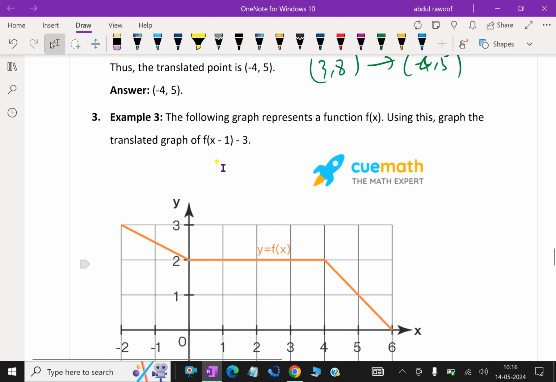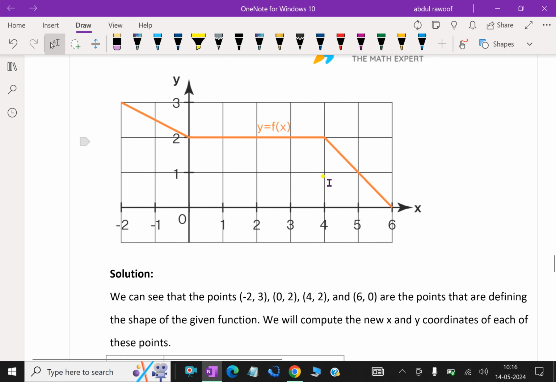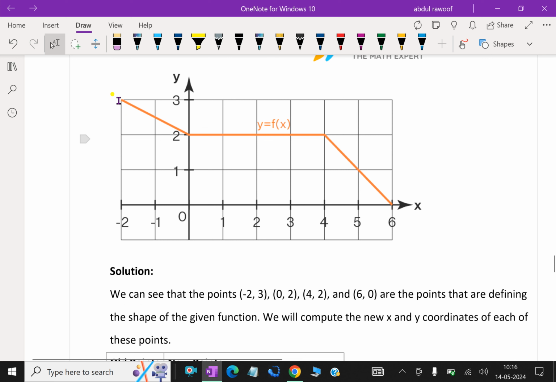Question number 3. The following graph represents a function f(x). Using this graph, draw the translated graph of f(x - 1) - 3. Look at here. First, let this point be x equals -2 and y equals 3.